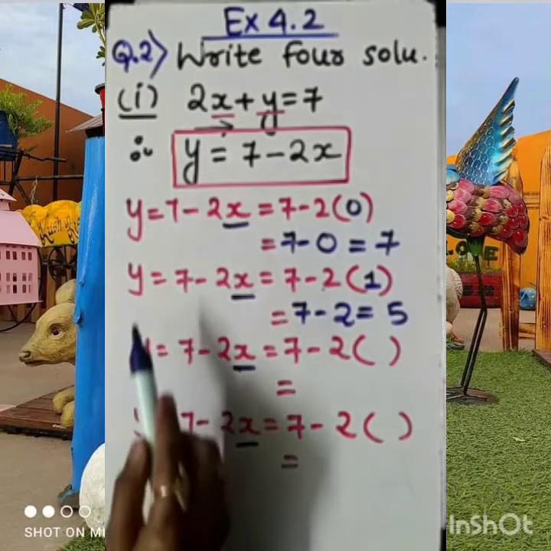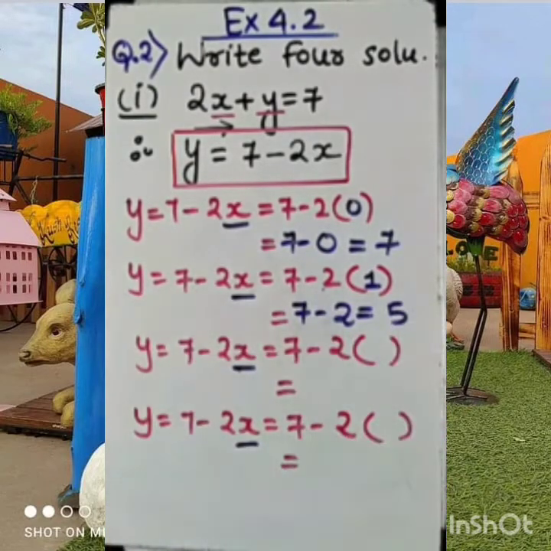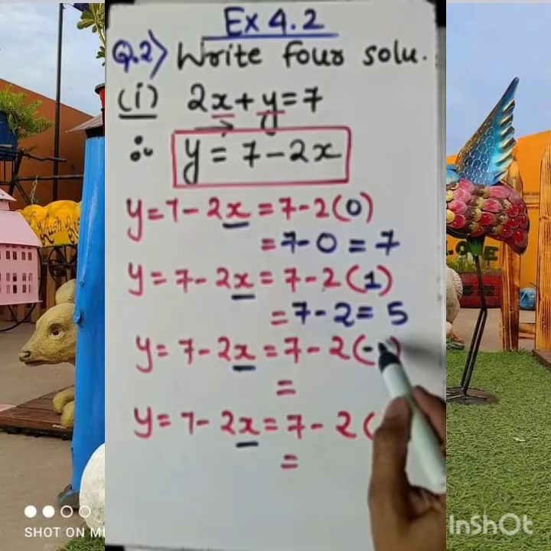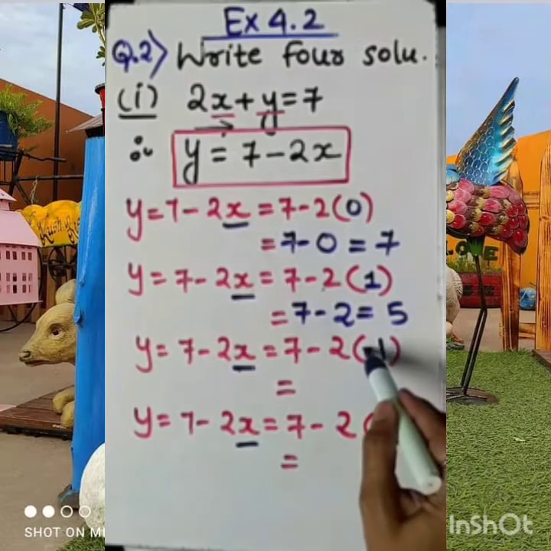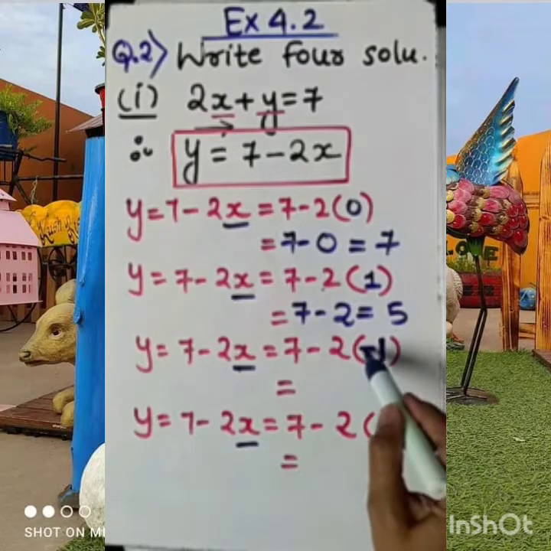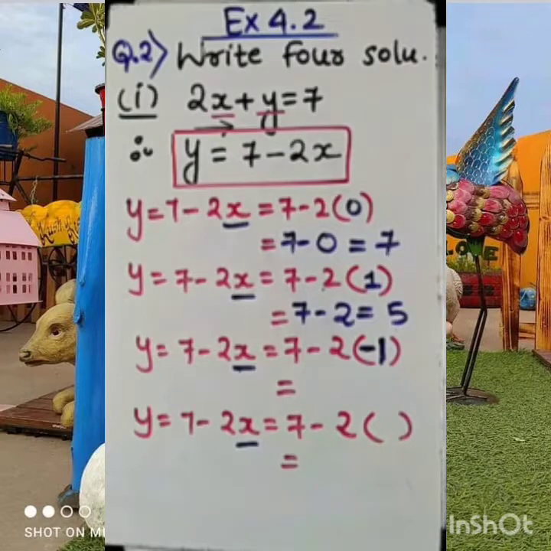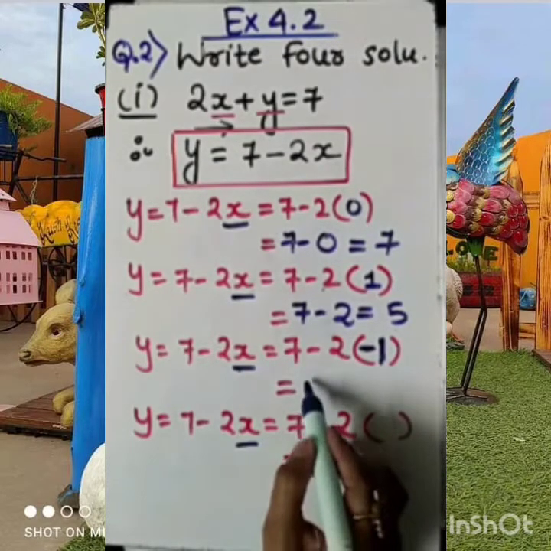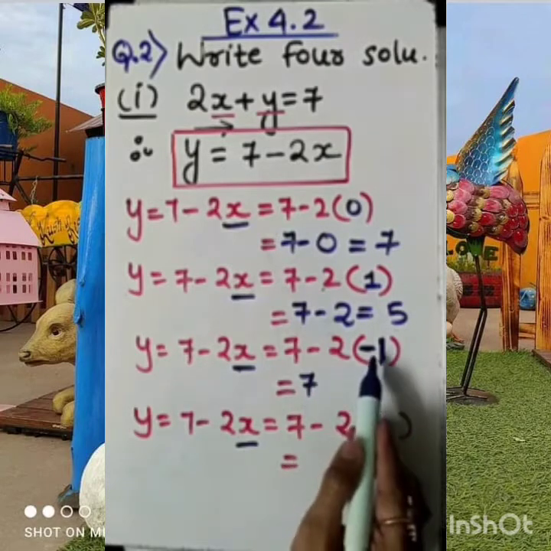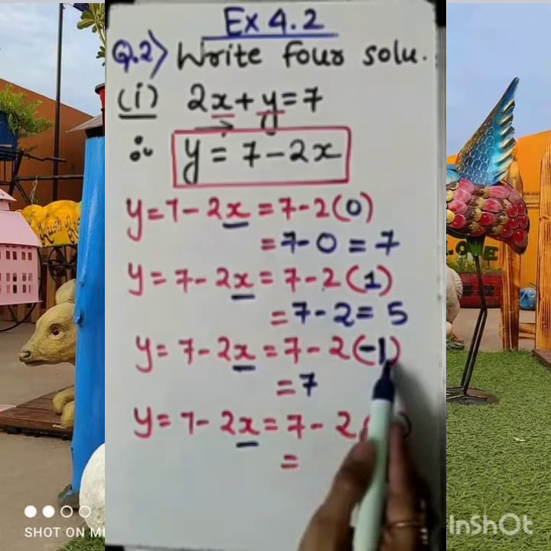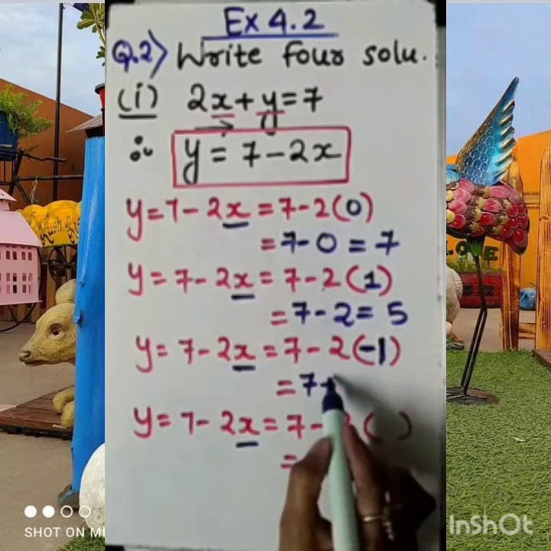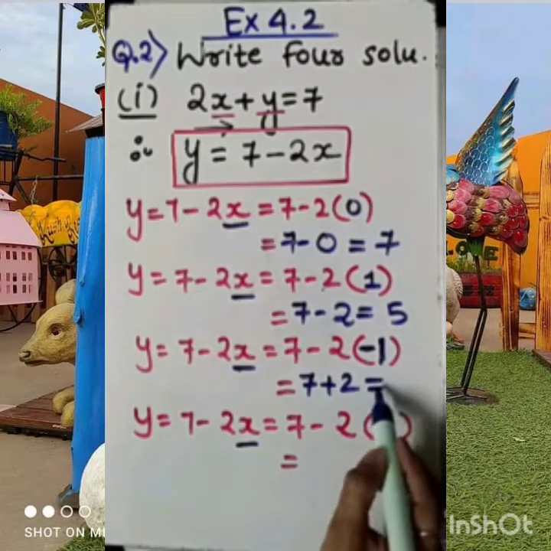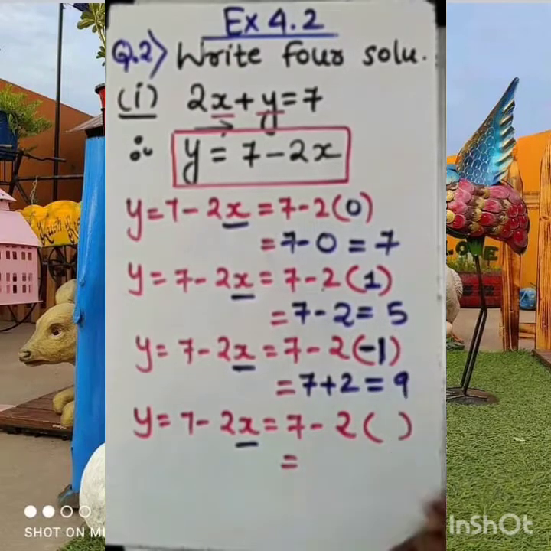So the value of y will be 5. Next time I want to choose minus 1. In place of x I would like to go with minus 1 because I want to give you practice with negative numbers also. So as usual, you know dear student, minus times minus gives plus while multiplying. 2 into 1 is 2, and 7 plus 2 is 9.